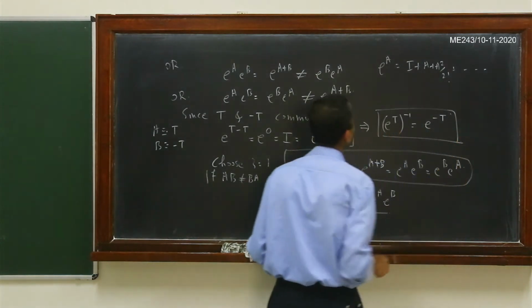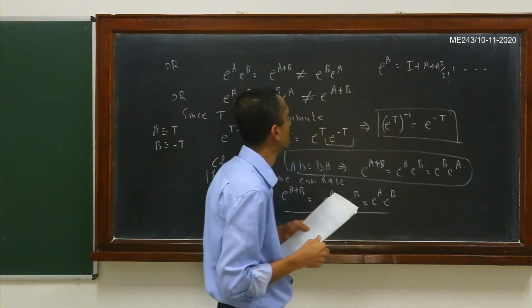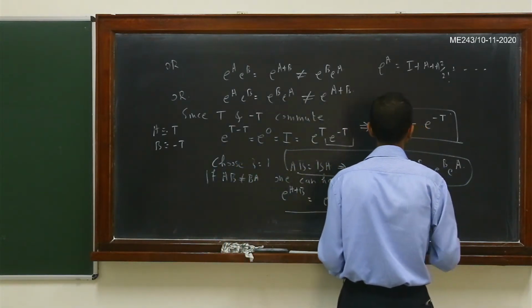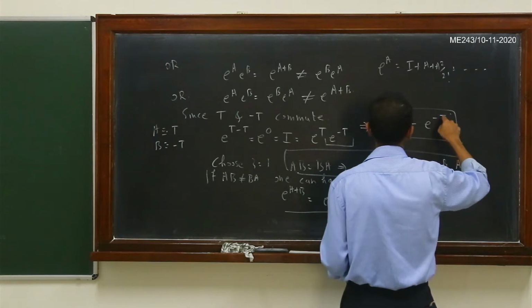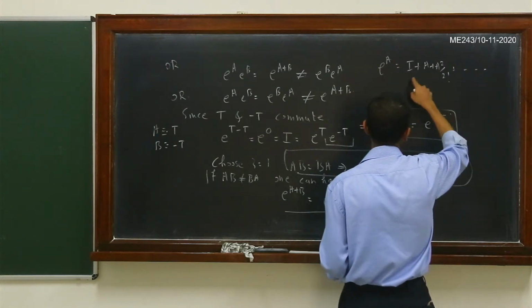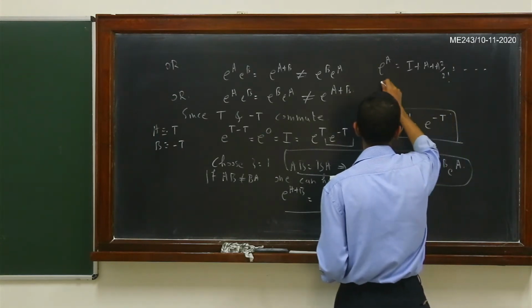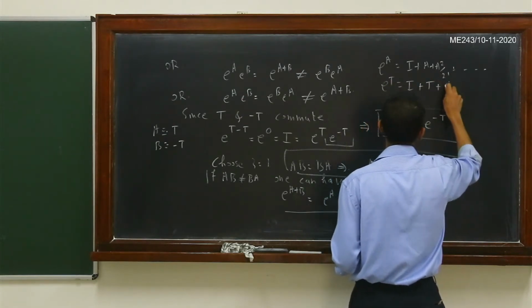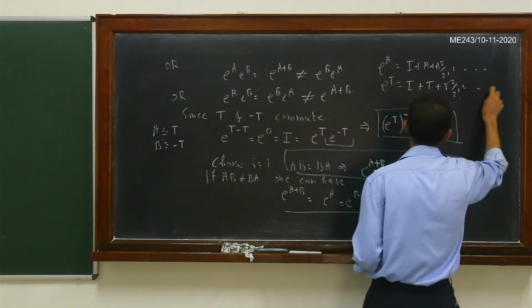So basically what you need to do is just put minus t wherever t occurs. That's all. So suppose e to the t is equal to I plus t plus t square by 2 factorial and so on.